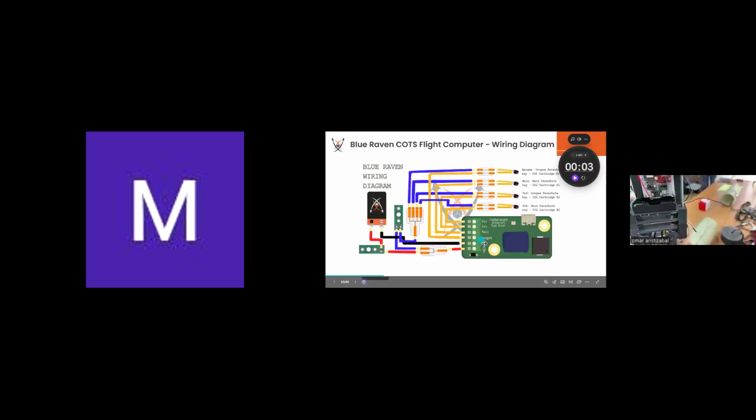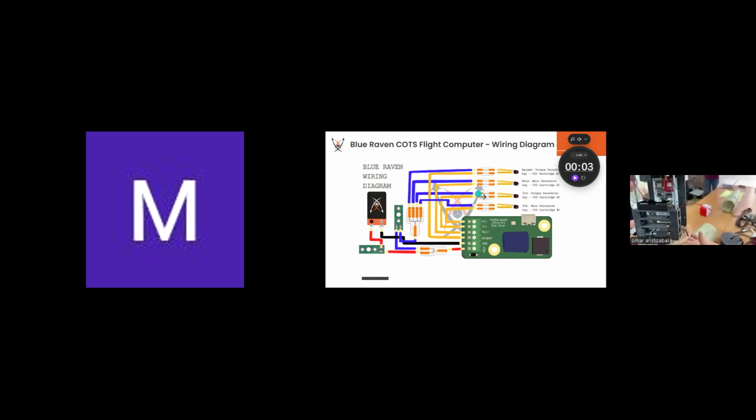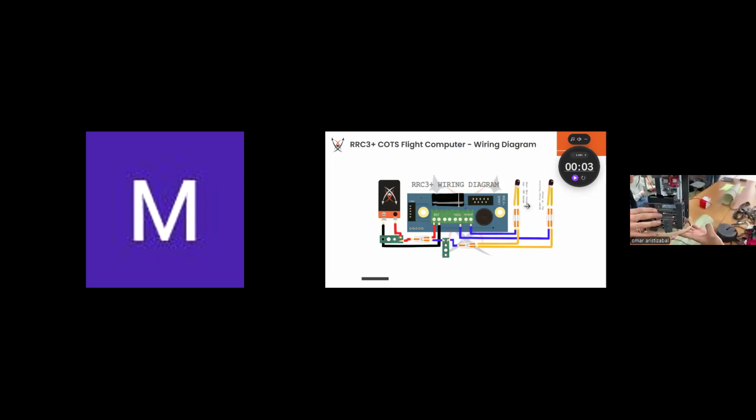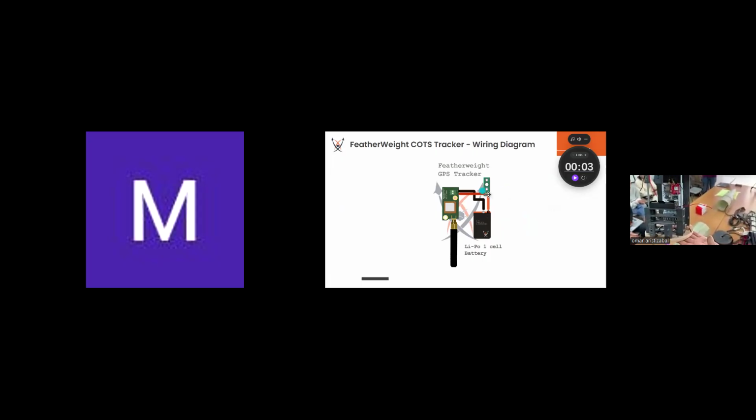Yeah, so my friends are sharing the screen right now. You can see the wiring diagram for the Blue Raven COTS computer. Okay, well, they changed this. That diagram is for the RRC3 Plus wiring diagram. As you can see, both COTS computers are using 9 volt alkaline batteries, and the Featherweight GPS tracker is using the manufacturer-provided LiPo battery with no modifications.